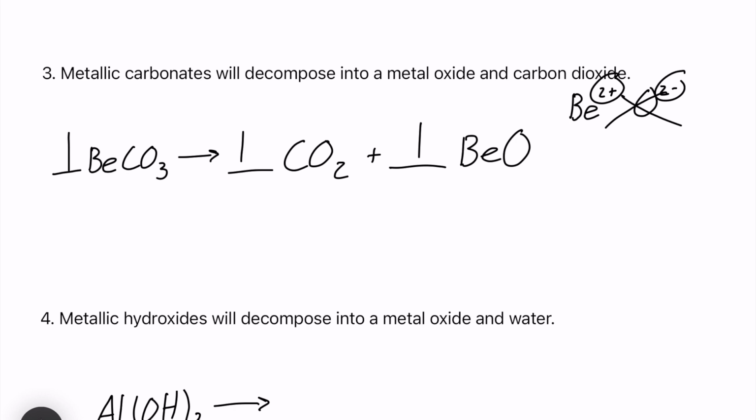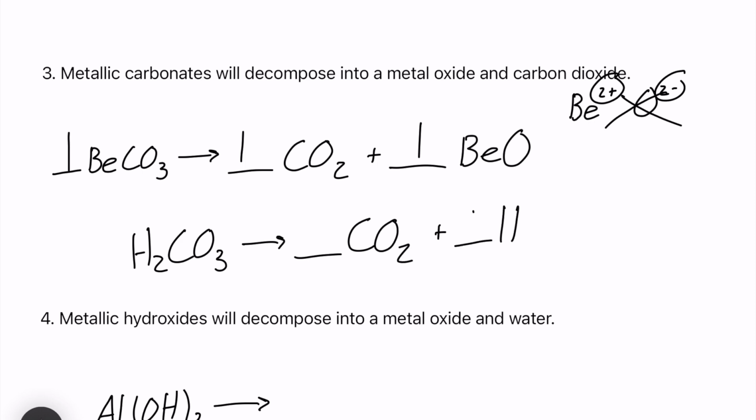Also, this relates to rule number 5 for our synthesis reactions, where it's basically the exact opposite. When we had a metal oxide reacting with carbon dioxide, it made a metallic carbonate. It also relates to the breakdown of H2CO3, as we are going to get CO2 and H2O.